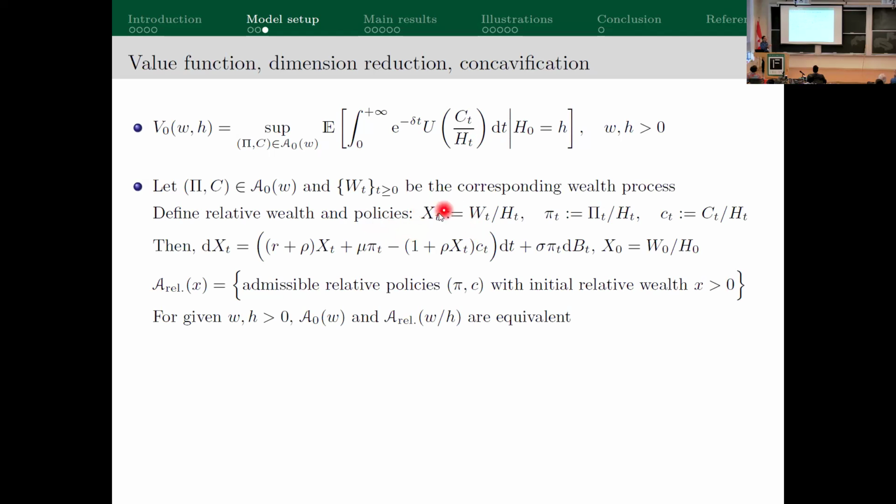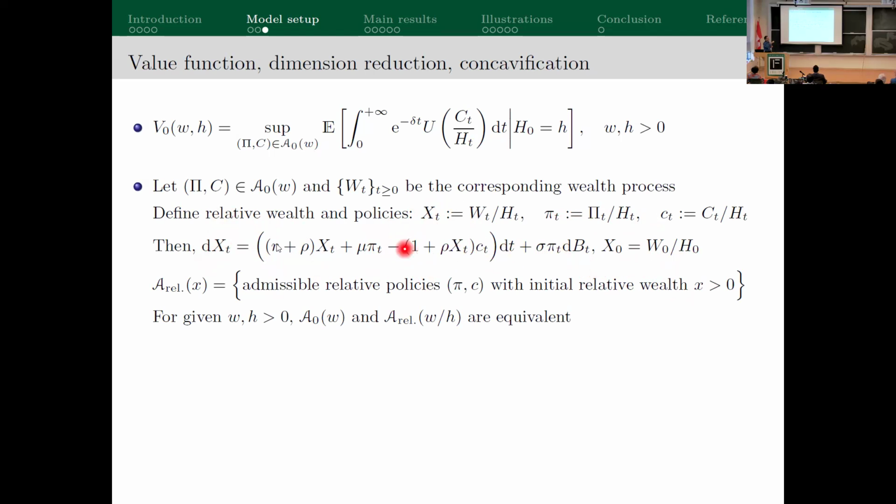Instead of looking at wealth, investment, and consumption, just divide them by H, your habit, and then you can get an SDE for these relative things: relative wealth, relative investment, relative consumption.